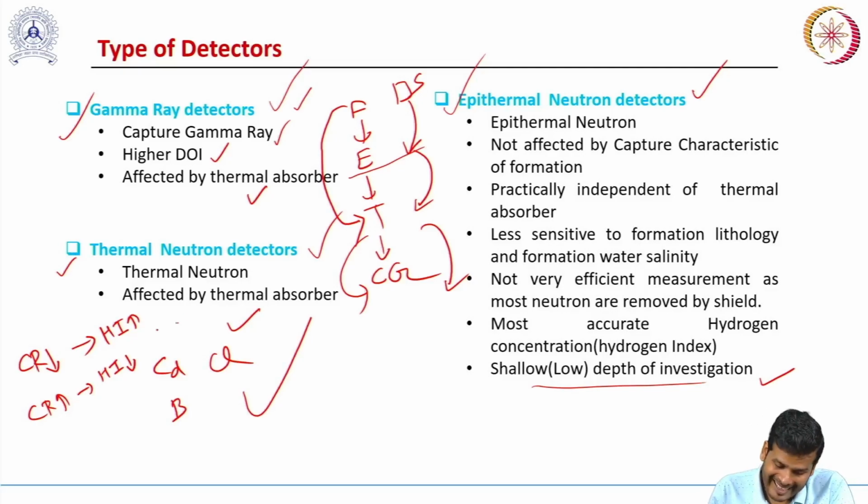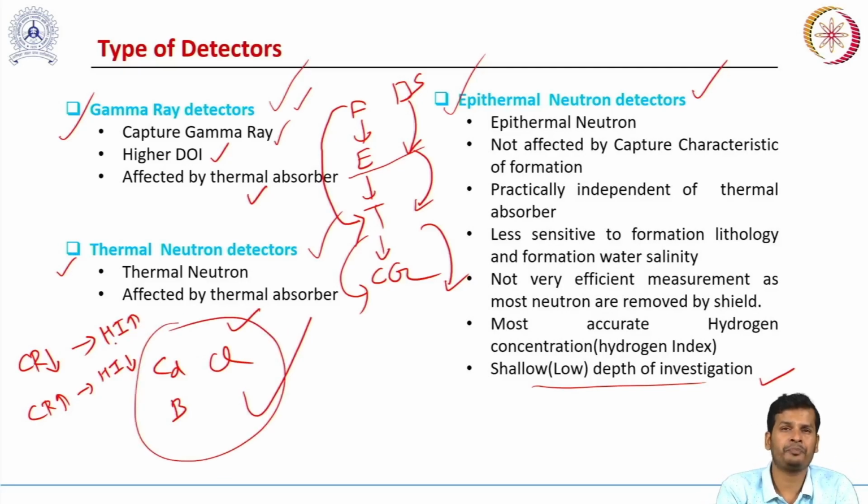But what if cadmium, chlorine and boron are present? What will happen to the thermal neutron population? Even if my hydrogen index is low, once the thermal neutrons are populated, these elements are going to destroy the thermal neutron population. So what will I get? I will get a low count rate at the detector, because the moment the thermal neutrons are generated, these three elements, which have very high capacity to absorb thermal neutrons, are going to capture them.